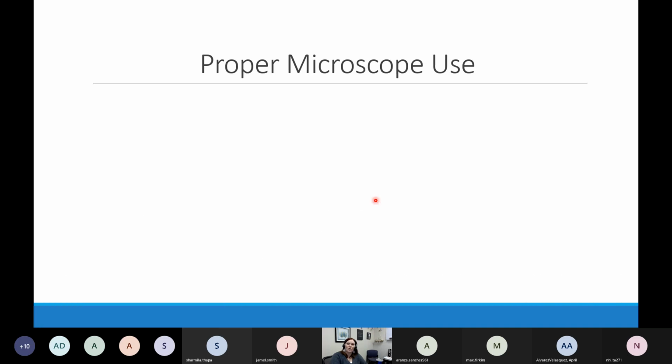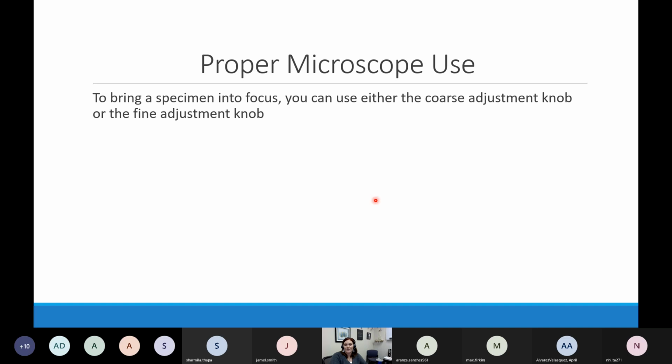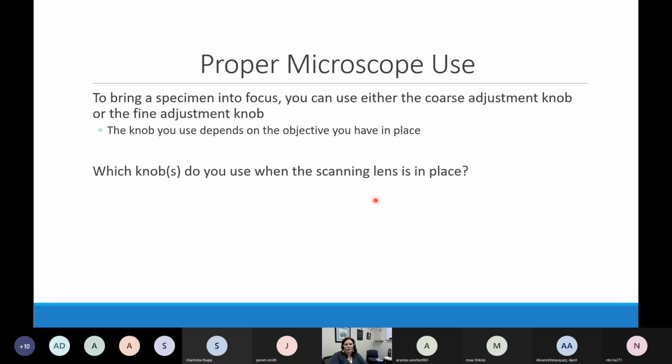What I want to remind you of, since we talked about this before, is that we have those two adjustment knobs, the coarse adjustment knob and the fine adjustment knob. Depending on which color objective is pointing down, that'll help us to know which of the knobs we can use. So first question, I'm talking to you about the scanning lens. Can you remind me in the chat, what color was the scanning lens?